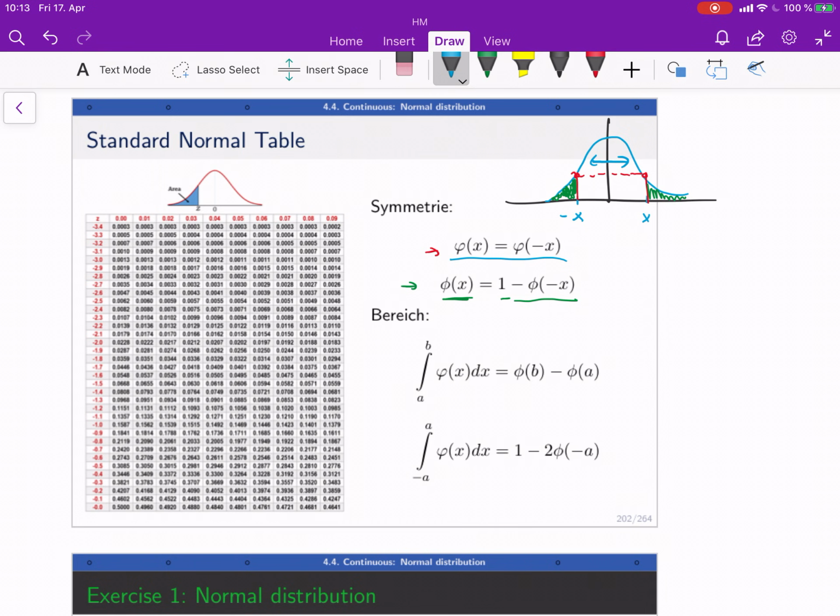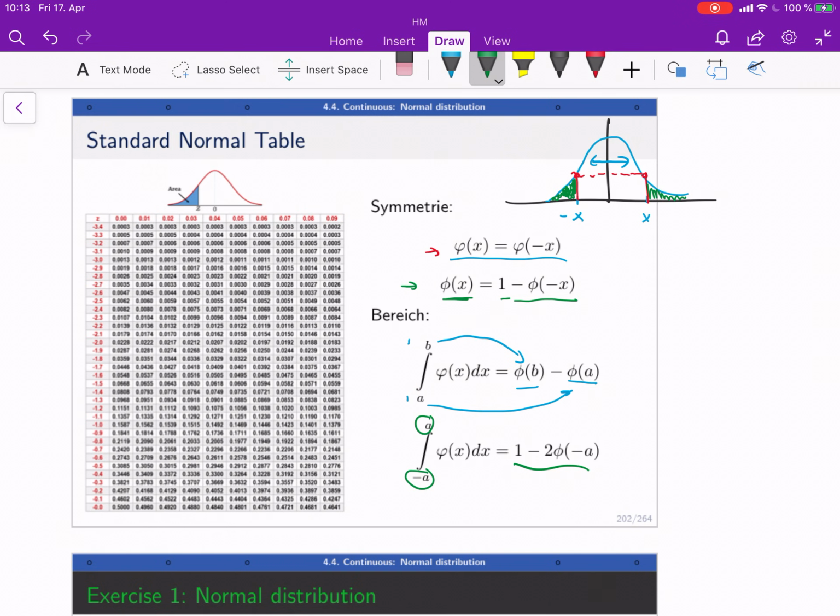We often need the integral from a to b. Then that simply is phi of b minus phi of a. Top point minus bottom point, just like in mathematics. In the special case that we have a symmetric interval, so we go from minus a to a, that simplifies into this.